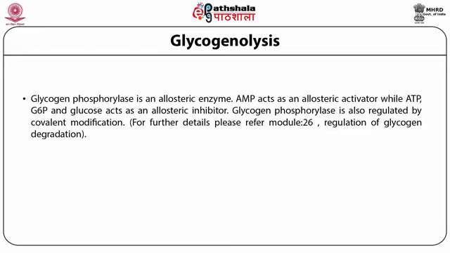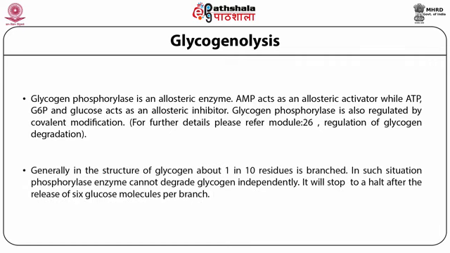For further detail, you may refer to module 26 on glycogen degradation. Generally, in the structure of glycogen, about 1 in 10 residues is branched. In such a situation, the phosphorylase enzyme cannot degrade glycogen independently. It will stop or halt after the release of 6 glucose molecules per branch.